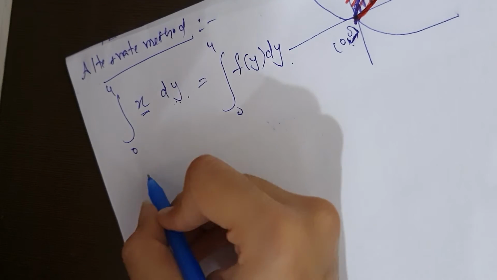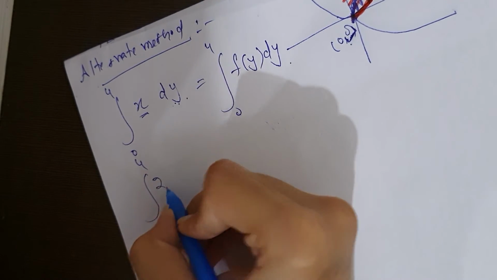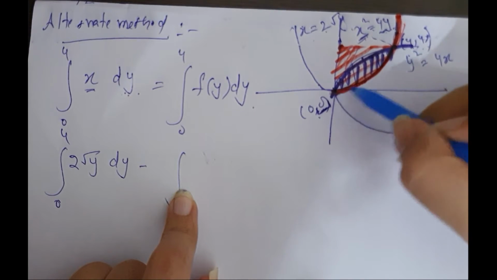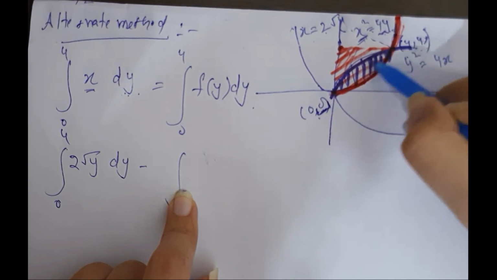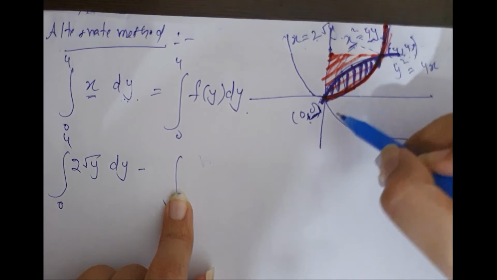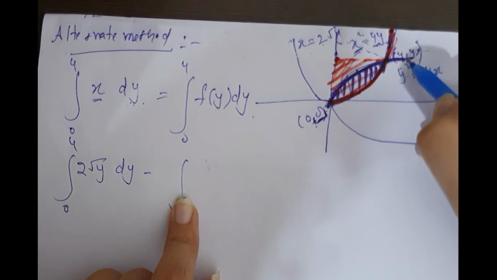Put it here, from 0 to 4, 2 root y dy minus, so we have to subtract the equation of this parabola from this. So we have taken the value of x of this parabola. Now subtract the equation of x of this parabola.